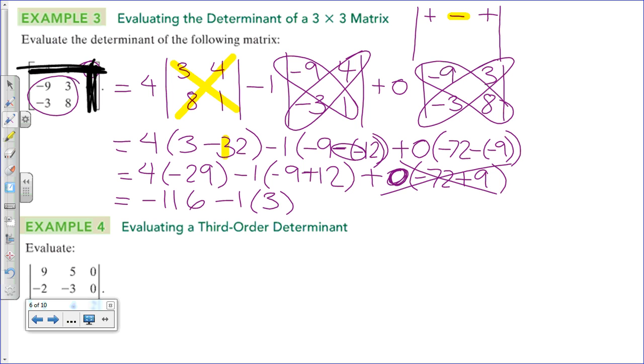So that will be equal to 0. So just to finish this, we will have negative 116 plus 3. So that will, I'm sorry, minus 3, because we have negative 1 times 3. So that will be negative 116 minus 3, and that will equal negative 190.